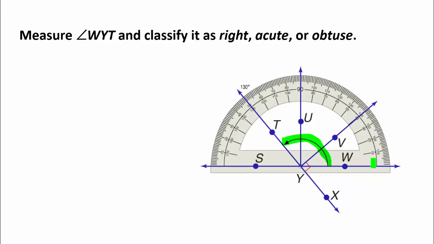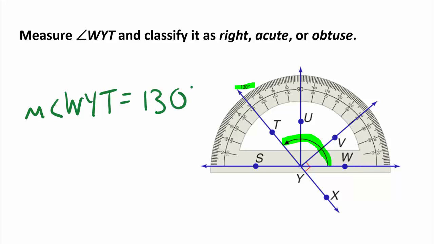And we're going to use the numbers on the inside and follow along that it measures 130 degrees. So the measure of angle WYT is equal to 130 degrees. And because it measures 130 degrees, we would be able to classify this angle as being an obtuse angle.